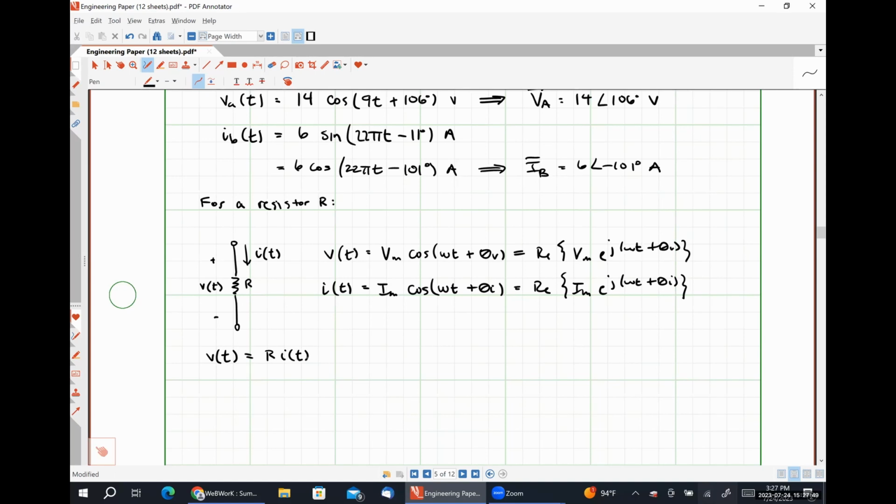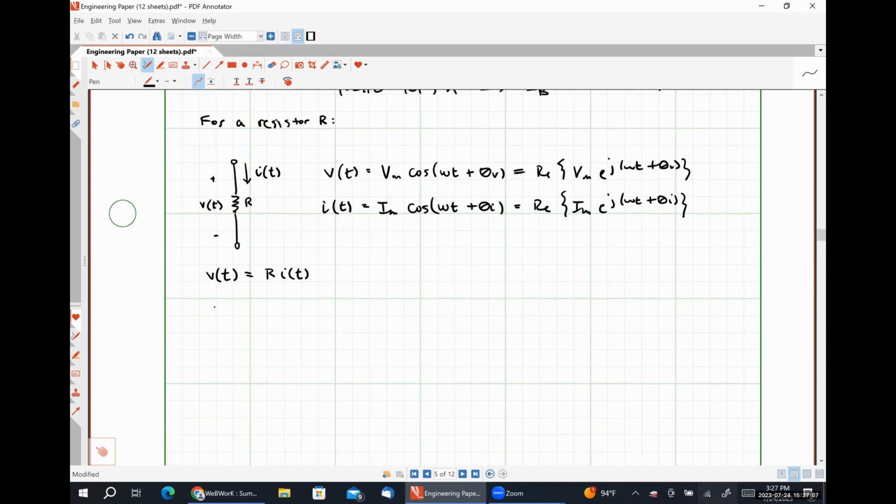What I'm going to do here is substitute in those complex number relationships. So that's going to give me Vm e to the j omega t plus theta v will be equal to R times Im e to the j omega t plus theta I. Now I'm going to break those exponential functions up into two parts.